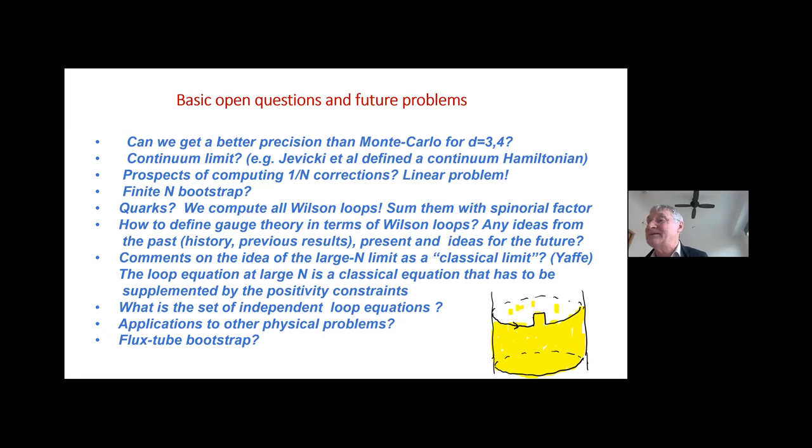Maybe applying this loop bootstrap idea, you can bootstrap the ground state. Maybe it's somewhat similar to what you propose, that you write, for example, a loop equation ad hoc, maybe reminding Yang-Mills equation but different with some parameters, and you try to bootstrap it and see.